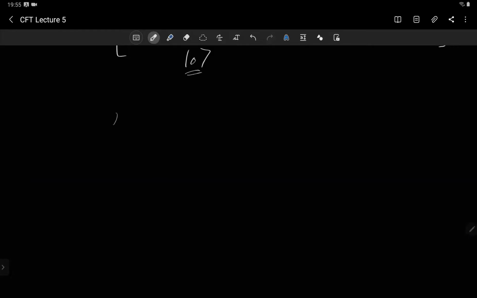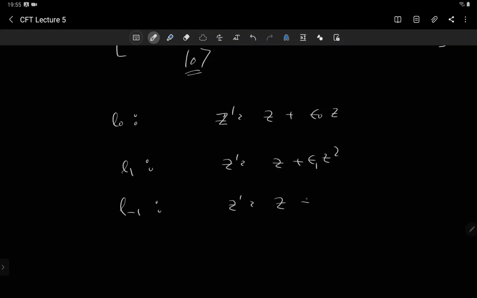So if you do L0, then z prime is z plus epsilon 0 times z, right? If you do L1, then z prime equals z plus epsilon 1 z squared. And if you do L minus 1, z prime equals z plus epsilon minus 1, because it was z to the n plus 1.